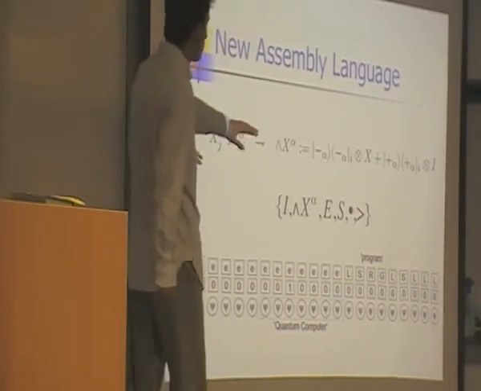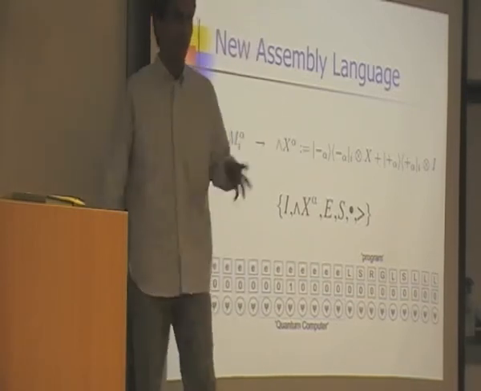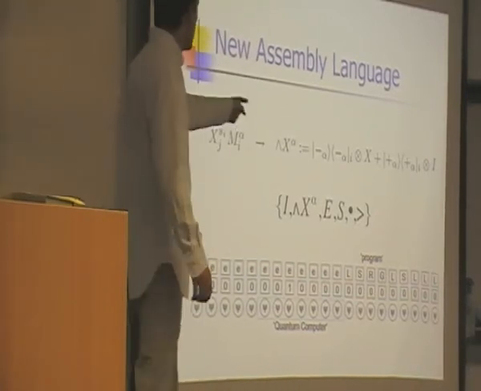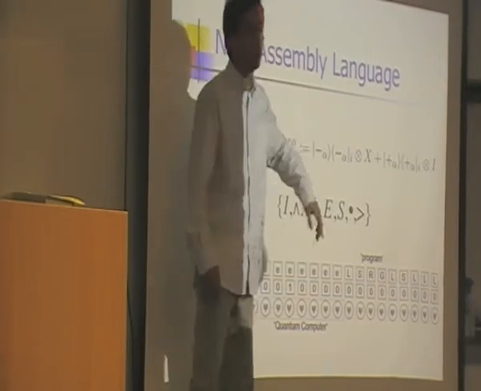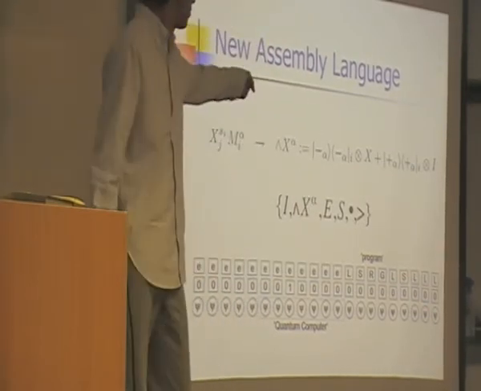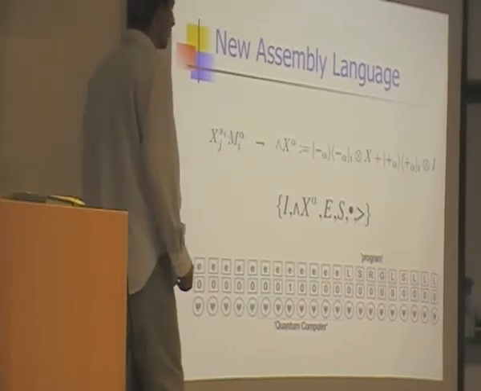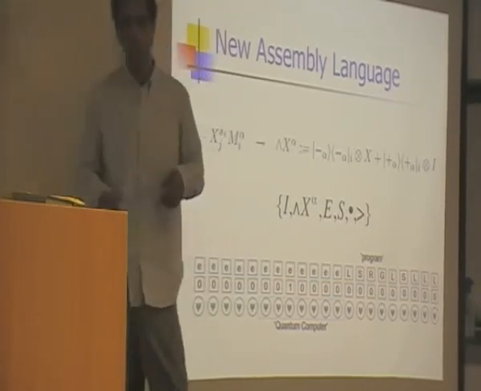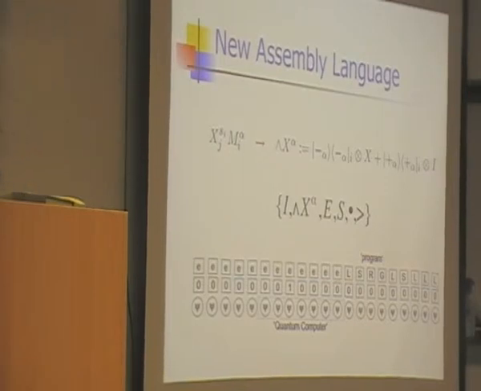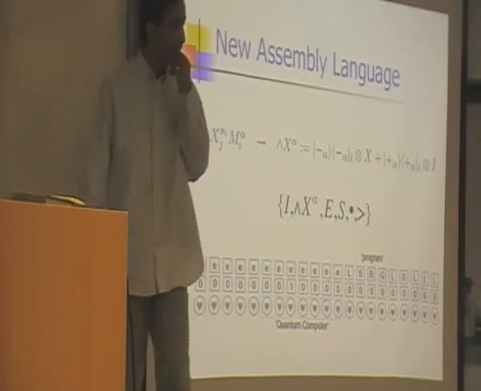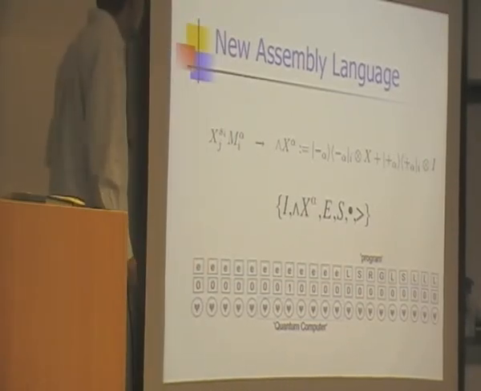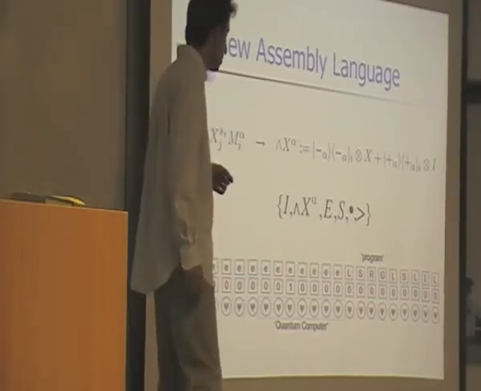It's nothing too complicated, it's just a controlled X operation, but the control gate looks at the plus/minus alpha states instead of 0 and 1, just like ordinary control gates. And here is the assembly language set of our construction.